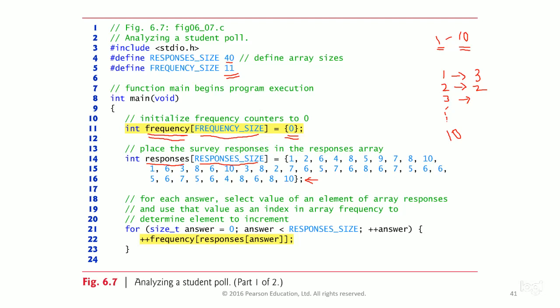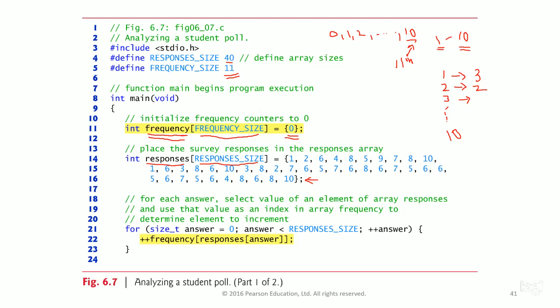So if you ignore 0 and look at the indices from 1 up to index number 10, index number 10 is basically the 11th element of this array.